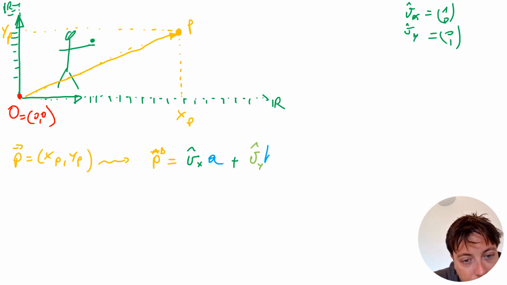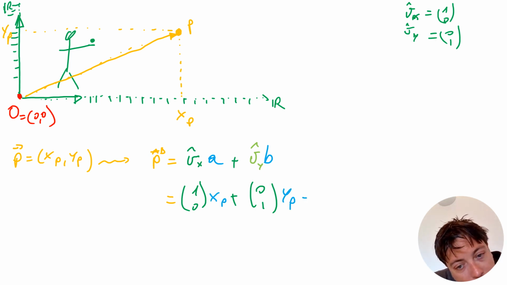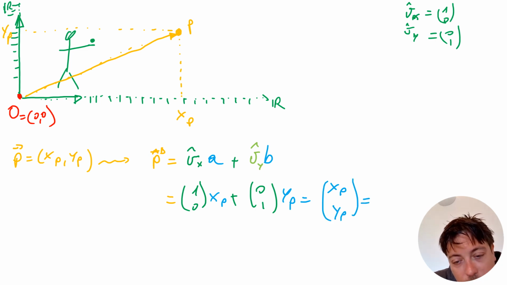In this case, it's very easy to prove this fact, because vx we know is (1, 0), vy is (0, 1), we want to have xp and yp, so a will be xp and b will be yp. If we do the sum and the multiplication of the vector with the number, we know how to do that because we saw it, but we can refresh it, and we get (xp, yp), which is indeed our vector p.